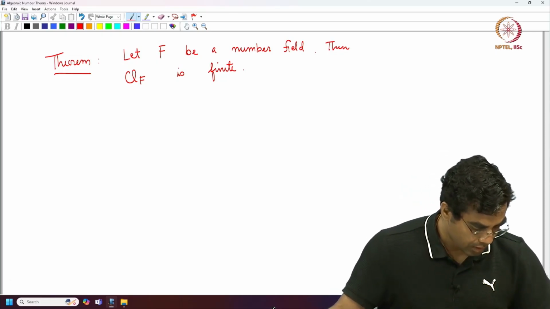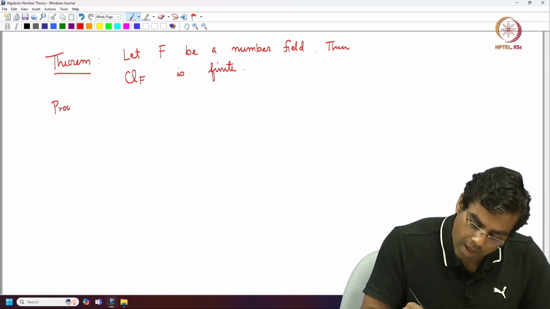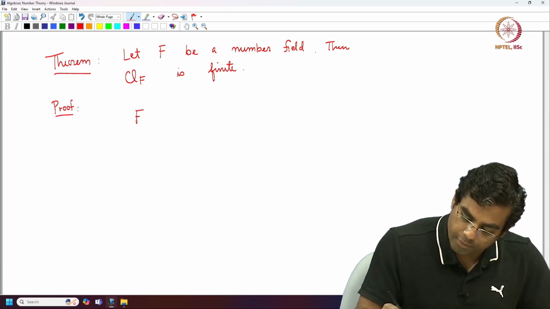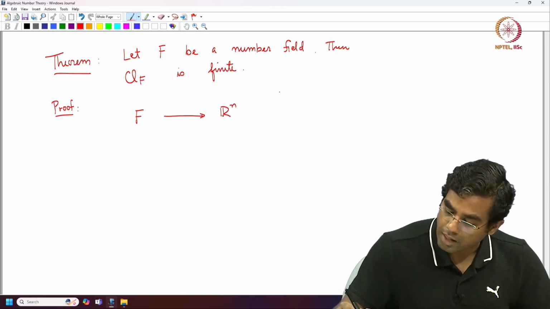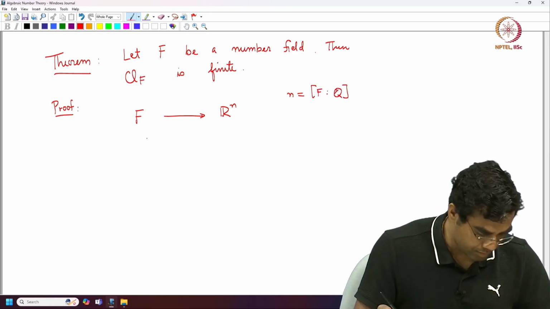Okay. All right. So, we have seen a map of this nature before. So, what I do is I take a map from F into R to the n, where n now is degree of F over Q. Okay. And what is this map?